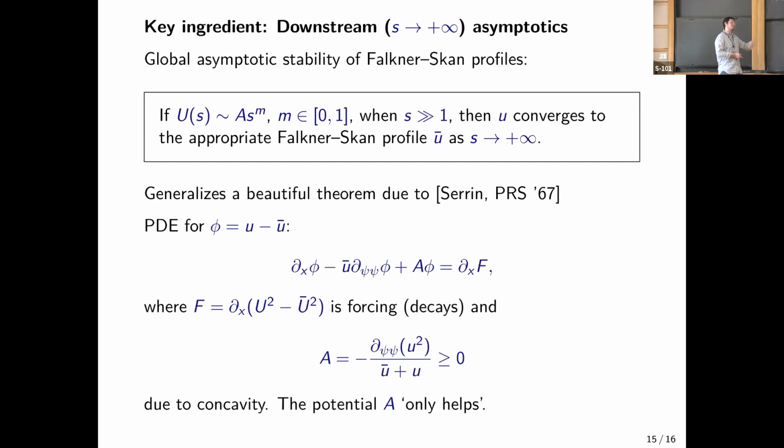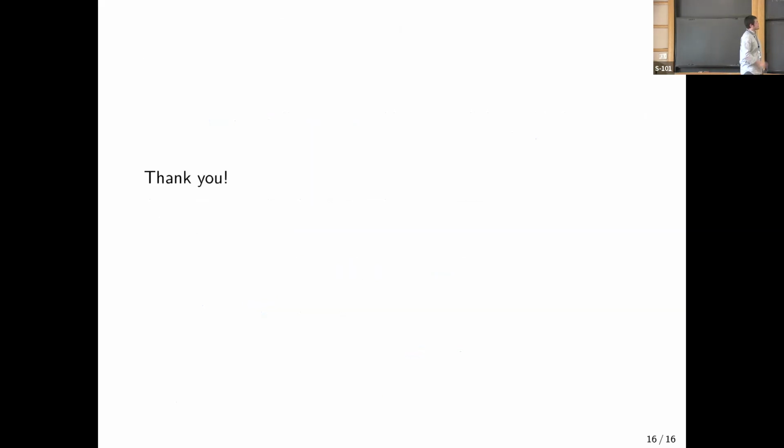Basically, that the boundary condition is kept at infinity. And for that, you need to understand very well the downstream asymptotics of these Prandtl layers. And so to do that, you revisit a beautiful theorem of James Serrin from 1967, which characterized the downstream behavior in terms of these Falkner-Skan profiles. In any case, that's one of our key ingredients. That's all.